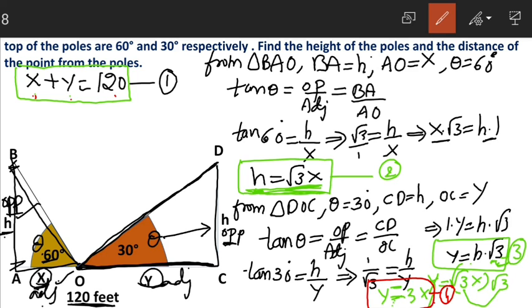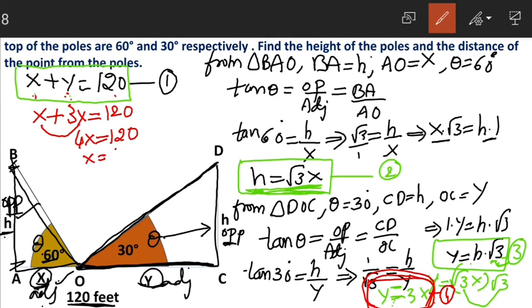Instead of y, we can write 3x in equation 1. Just replace that value, because if the variable becomes one, then we can easily add them. So x plus 3x is equal to 120. Now x plus 3x becomes 4x. 4x is equal to 120.